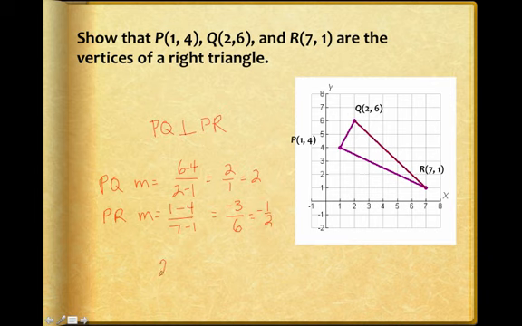And in fact, 2 times -1/2 is -1, so these two lines are perpendicular. The product of their slopes is -1. Therefore, I know that this is a right triangle.